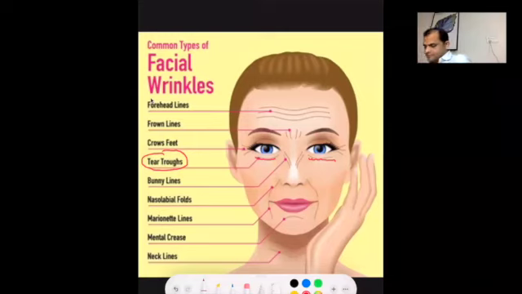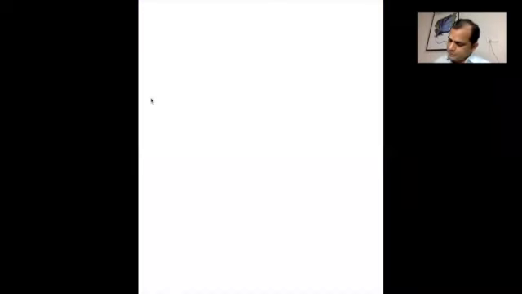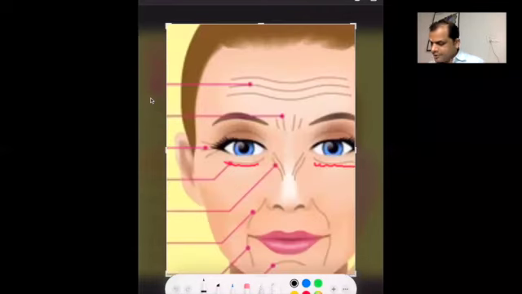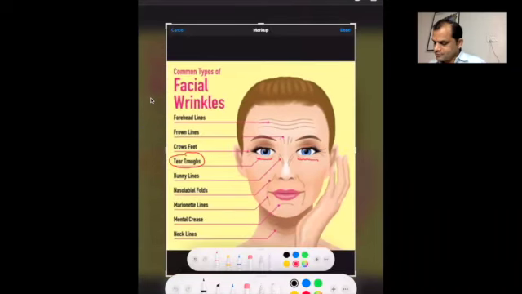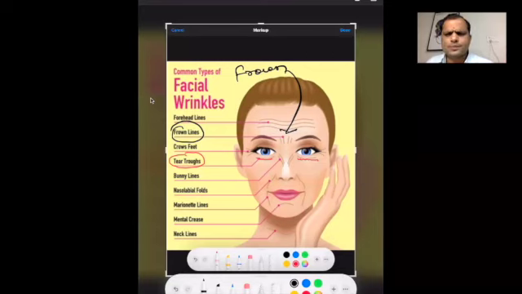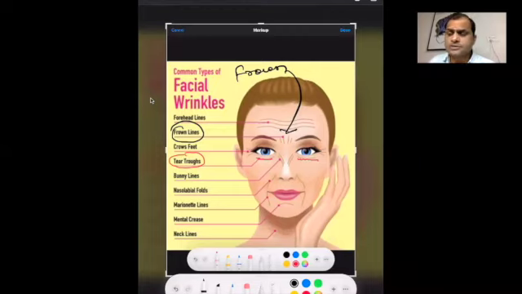So indirectly, we are working at many places. And here we can see, because of this corrugator muscle, this is the wrinkle in the center, which is called frown lines. Frown lines are developing. So if the person is always in depression, always in sadness, always having the habit of crying, he develops these frown lines.